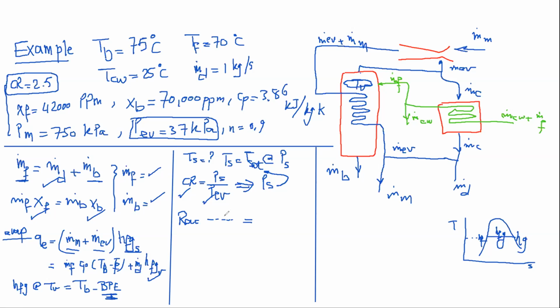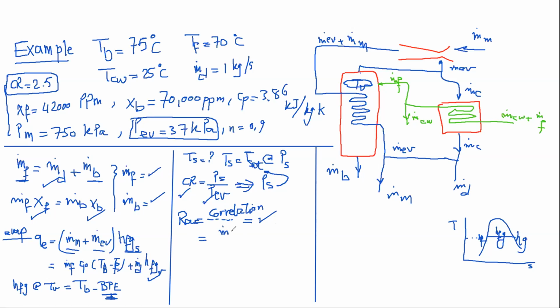This correlation is a function of the motive steam pressure, entrained vapor pressure, and delivery pressure. So from here, the value of RA can be calculated. So I know this value. How do I know that? From the correlation that I showed in the previous slide. And this correlation would always be given to you. So you can make use of the correlation to obtain the entrainment ratio. What's the entrainment ratio by definition?